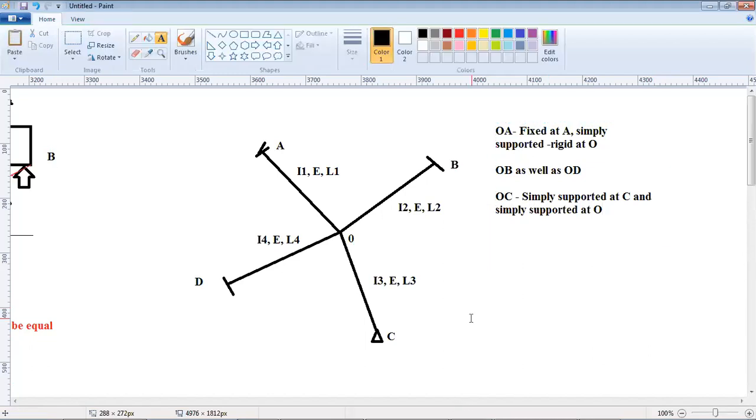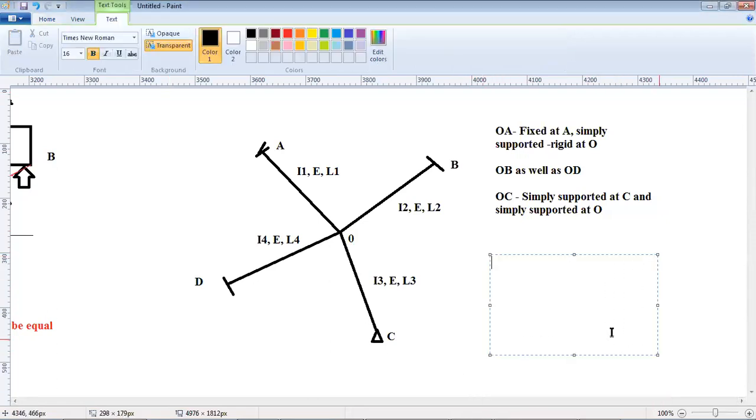The first case we have is OA fixed and simply supported at the other end O. This is case number 1 that we discussed, wherein M was equal to 4EI by L for a unit slope. Thereby, if I have to determine M1, what is M1?